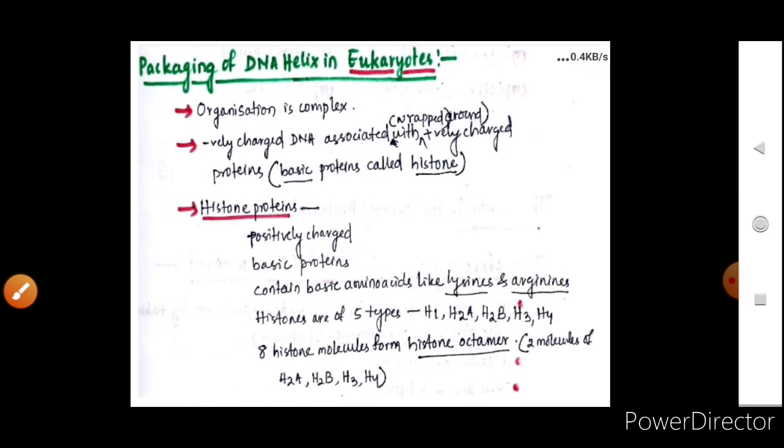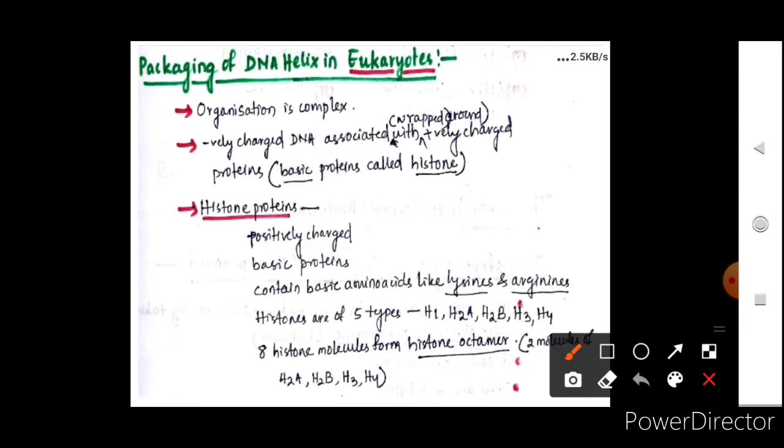Now when we come to the packaging of the DNA helix in eukaryotes, the organization is a little bit complex. Negatively charged DNA is wrapped around positively charged proteins. These proteins are known as the histone proteins, which are the basic proteins.